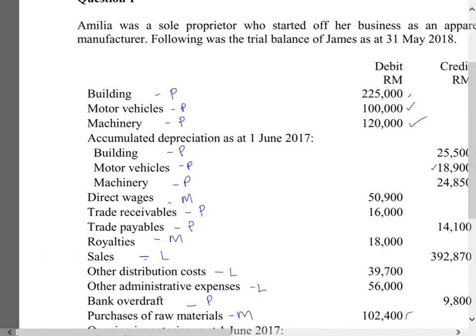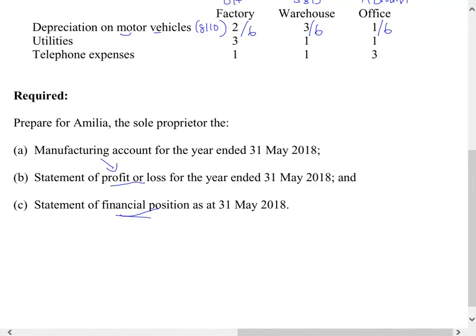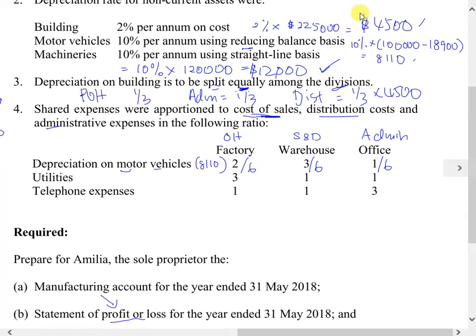Utilities, how much is my utilities? 18,000. Water bill, telephone bill, electricity bill. 18,000. How to share? 3, 1, 1. It means we're going to divide by 5: 3 over 5, 1 over 5, 1 over 5. Can you get it?